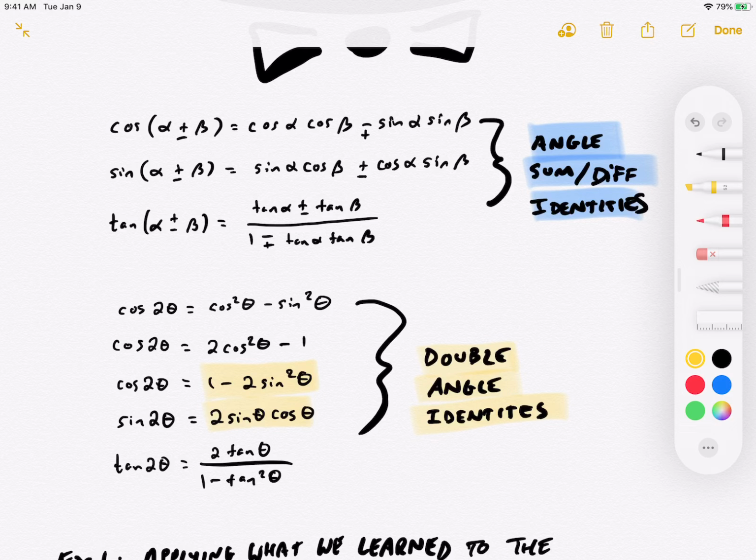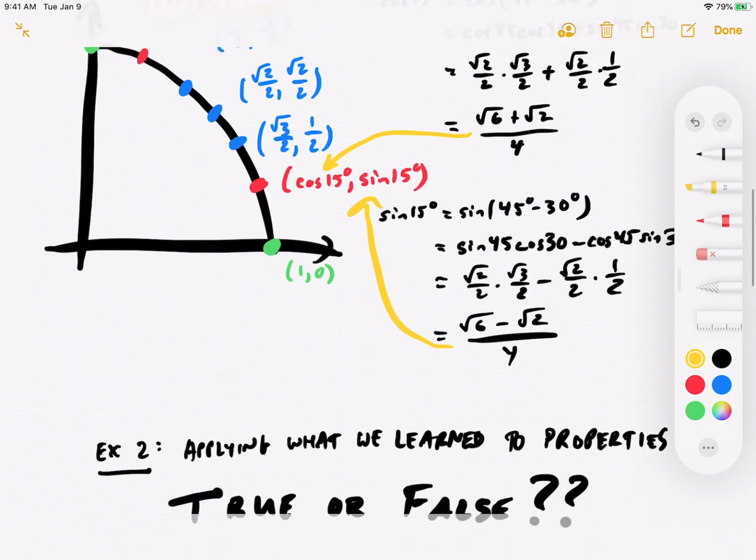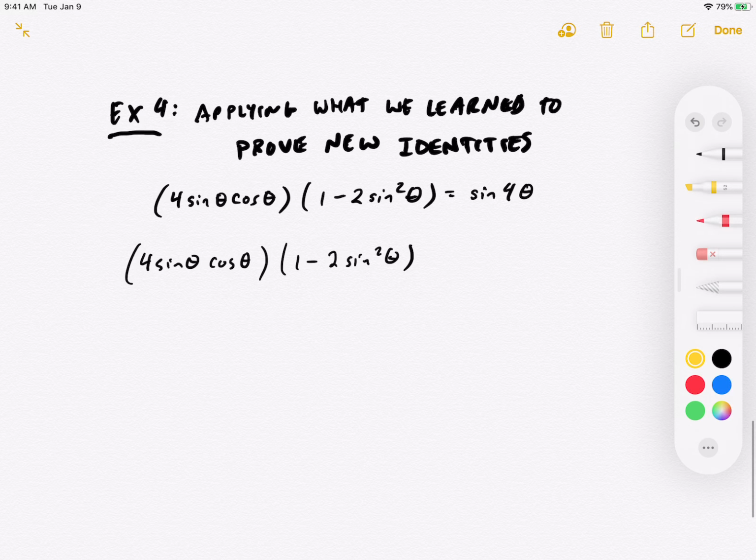Okay, so what I'm going to do is substitute out 1 minus 2 sine squared for cosine's double angle, and I'm going to see if I can do a little rewriting in order to use sine's double angle as well. So that's going to look like this. This expression is equal to 2 times 2 sine theta cosine theta. 2 times 2 is 4.